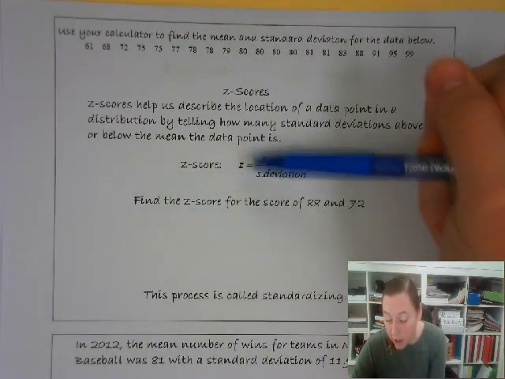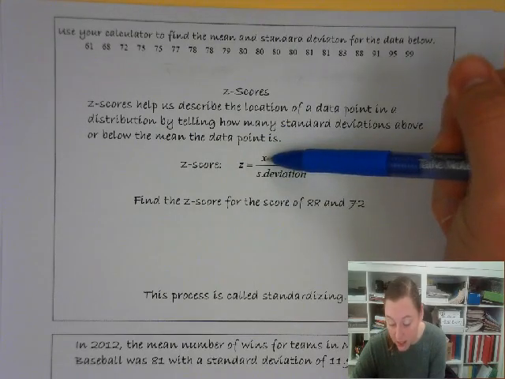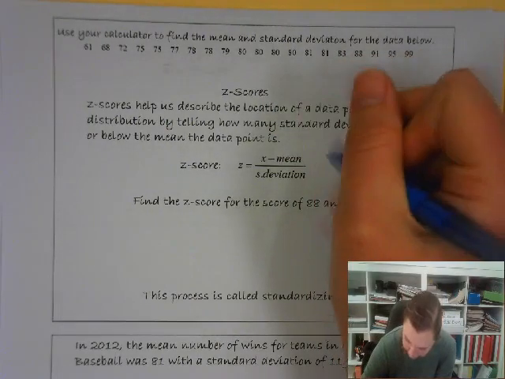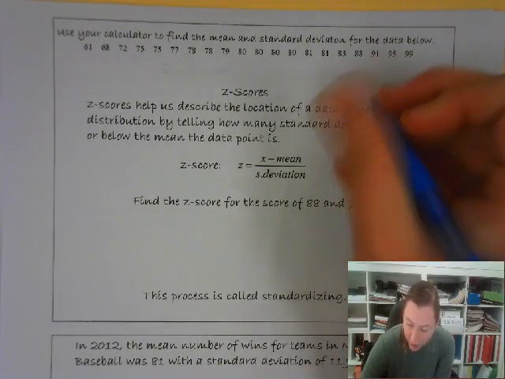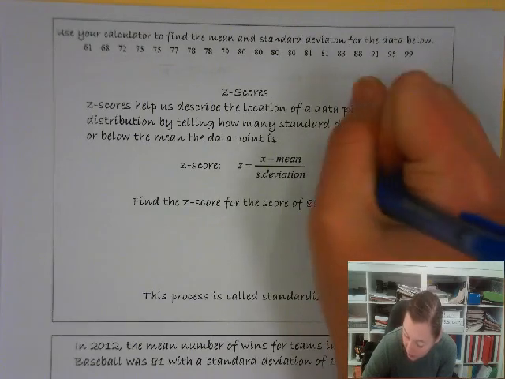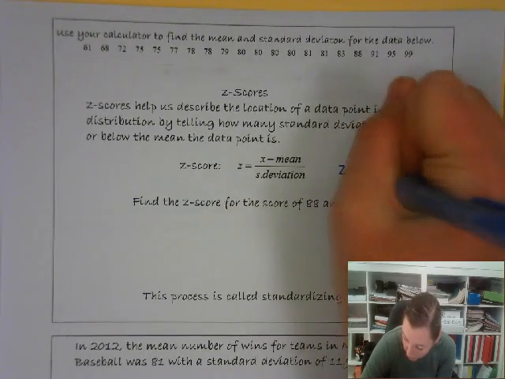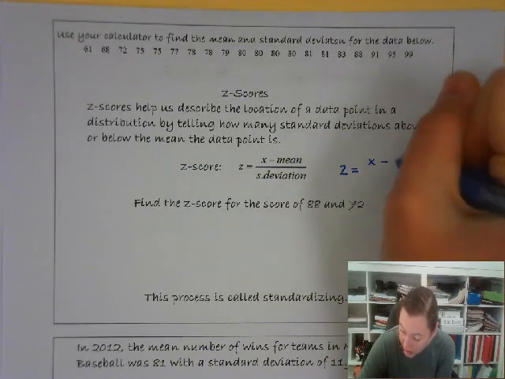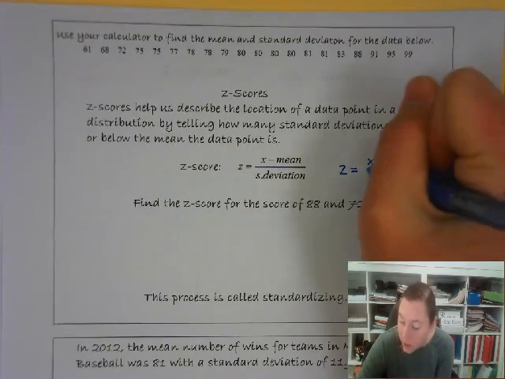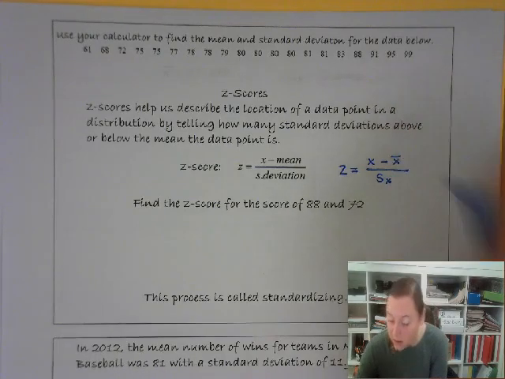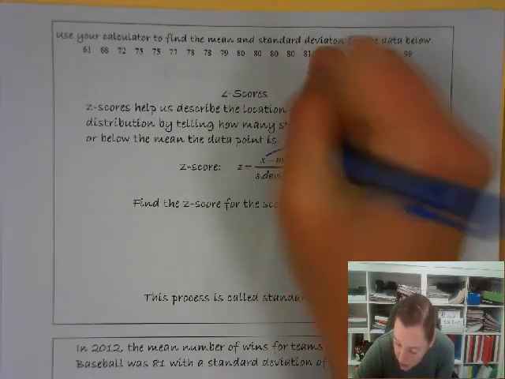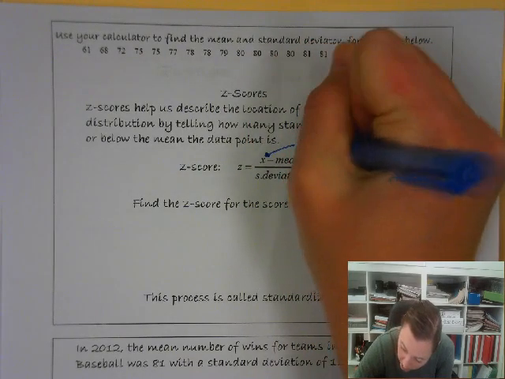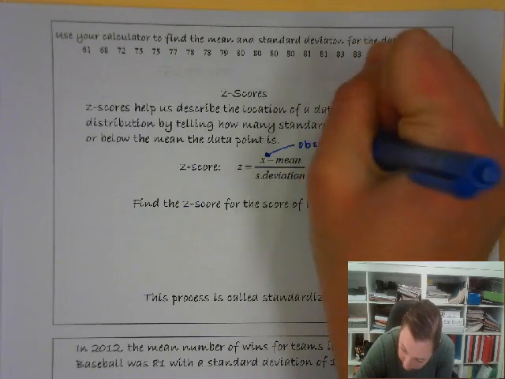But a z-score comes from the x that you're looking at minus the mean divided by the standard deviation. Or with our math notation, the z-score is equal to x, being the observation that you're actually looking at, minus x bar, the mean, divided by s sub x, the standard deviation. And I'm just going to put a little arrow. That's the observation you're interested in.